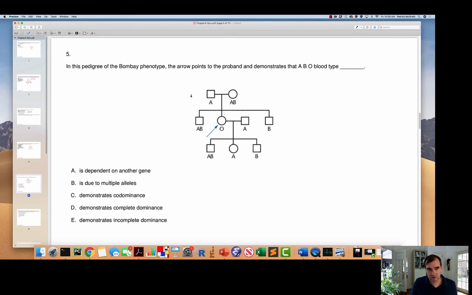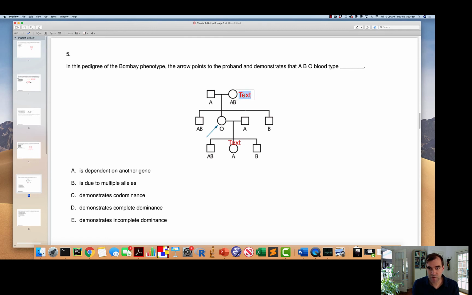All right, in the pedigree of the Bombay phenotype, the arrow points to the proband and demonstrates that the ABO blood type what? So hopefully you look over at this and your understanding of how the ABO system works is good enough to know that something is up. So how do we do that?